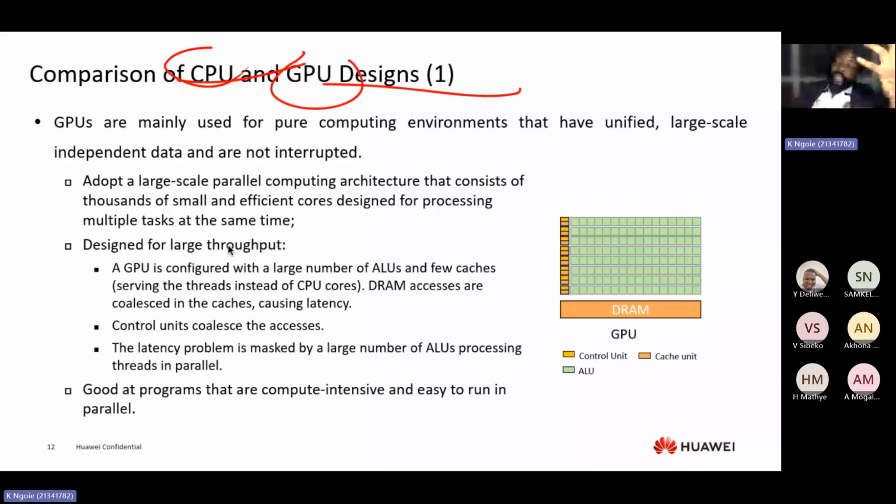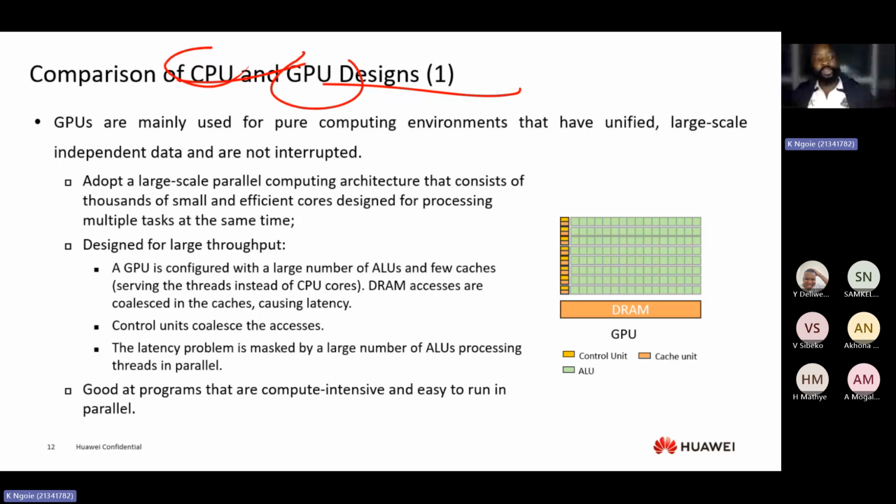That means you are doing many operations at the same time. So all the computation happening for AI, like matrix calculation and all those things, are performed by the GPU. That is the advantage of the GPU.